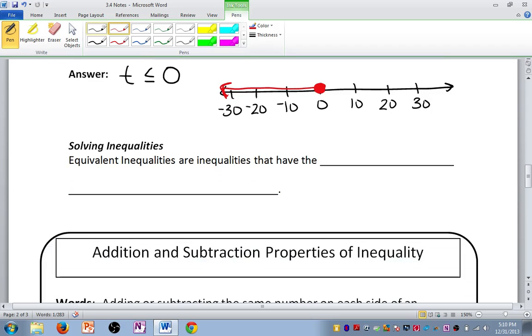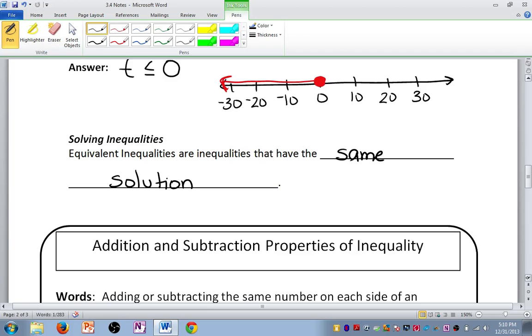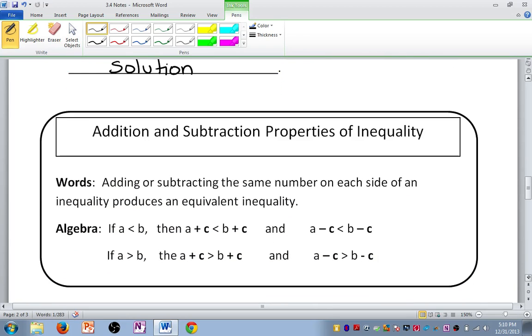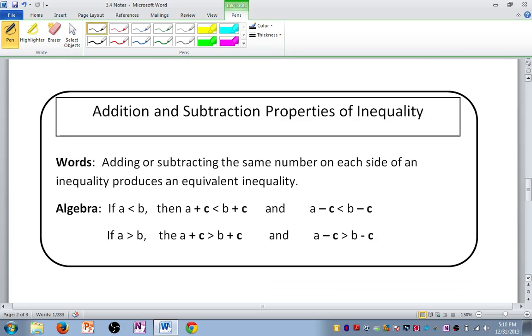If we are solving inequalities, we're going to use equivalent inequalities, and those are inequalities that have the same solution. The properties of inequalities are very similar to the steps that we would take to solve our equations that we just covered.